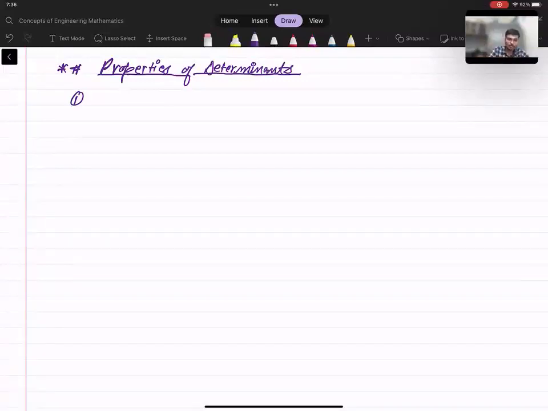Let us see how this happens. So let me first write that the value of the determinant remains unchanged. We will not go into the derivation; we can actually prove it also.